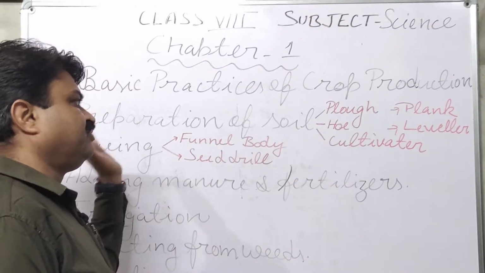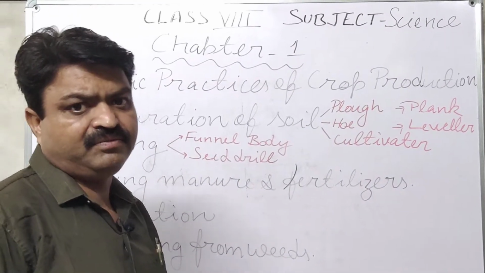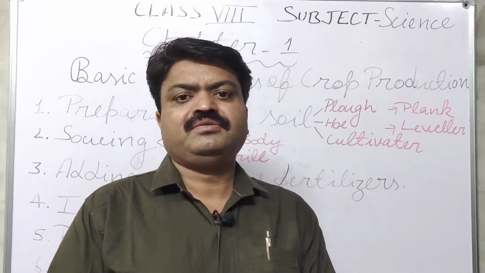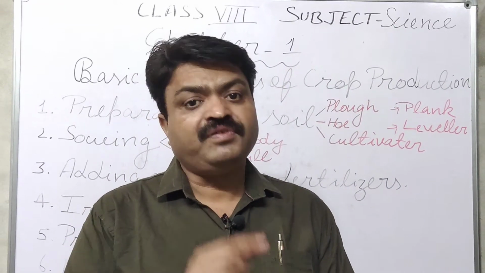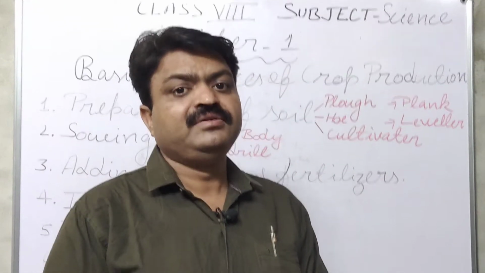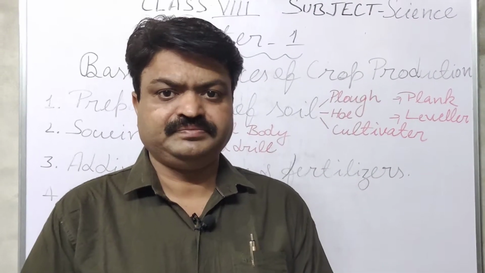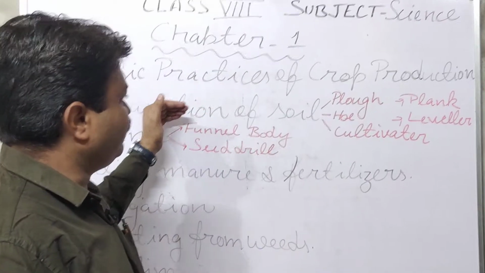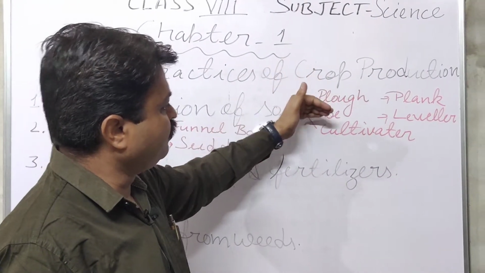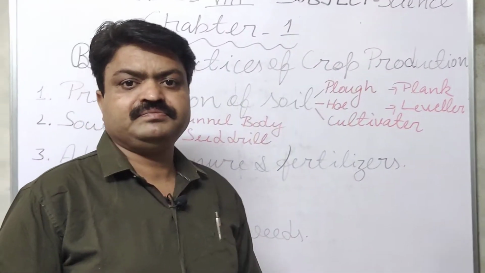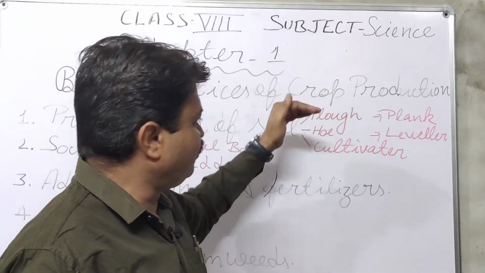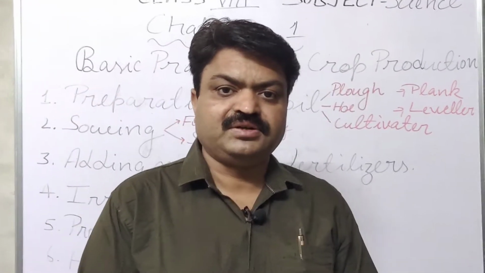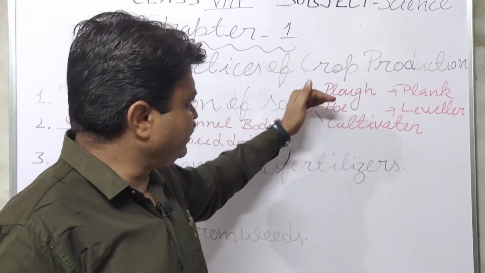For the preparation of the soil, first the farmer irrigates their fields, because due to the irrigation farmers can easily turn or loosen the soil, and in this the farmers use plow, hoe and cultivator. Plow and hoe are used with animals, student. Now what is the plow?